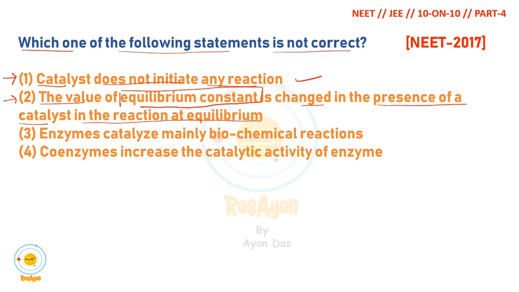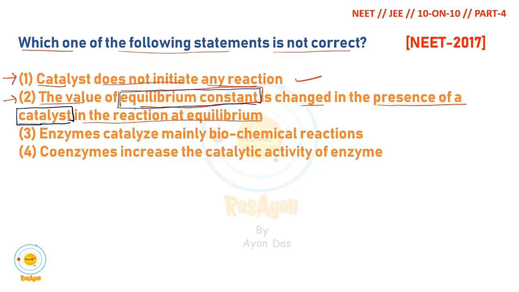It is the wrong statement, because you know a catalyst only increases the forward and backward reaction rate by decreasing the activation energy. It has no effect on the equilibrium constant at a particular temperature, because the equilibrium constant only depends upon the temperature, not on the catalyst.